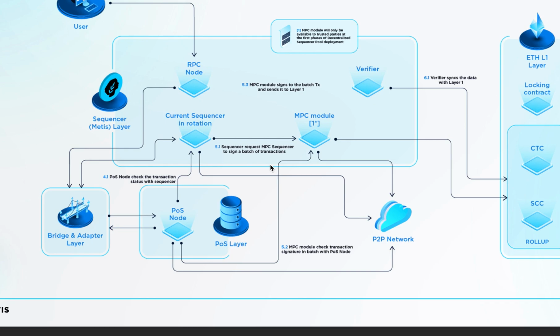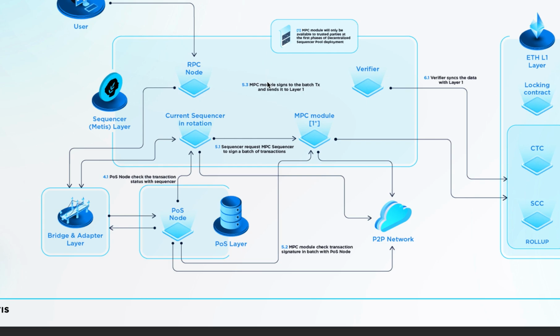Now, after the POS node verifies the validity of the transaction, the sequencer requests the MPC module, which is the multi-party computation, to sign that batch of transactions. So the MPC is used for securing and signing batches of transactions. When the sequencer requests that from the MPC, the POS node then checks the transaction signature to ensure the validity of the batch signed by the MPC module.